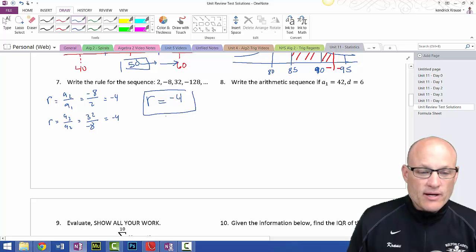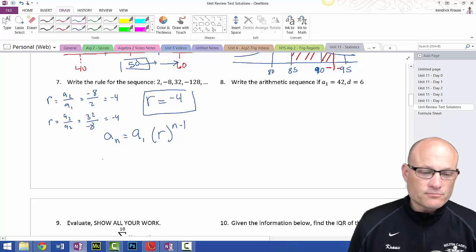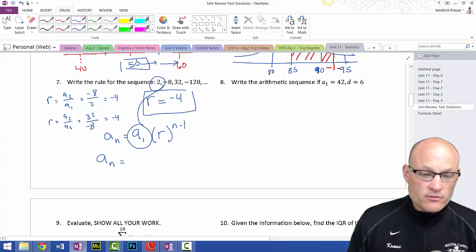Well, then I have to go back to this formula. A sub n is equal to A sub 1 times the ratio to the n minus 1. Again, I'm just looking for the rule. So my answer, A sub n, is equal to, my first term is 2, times the ratio I've just found, -4, to the n minus 1.